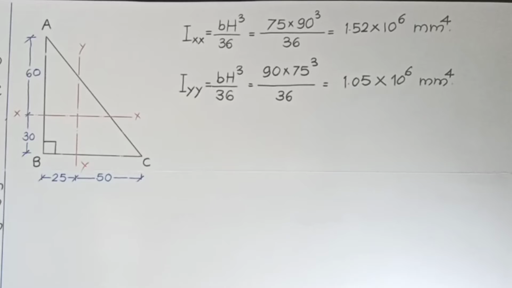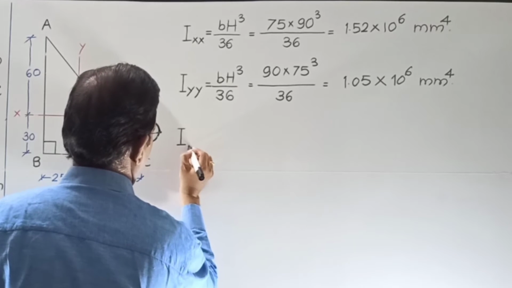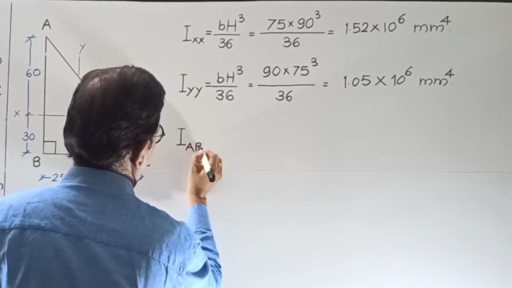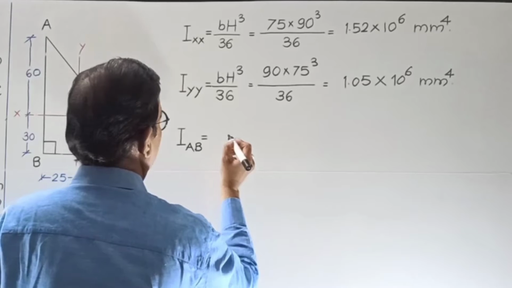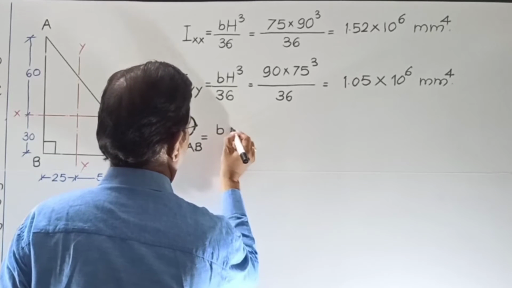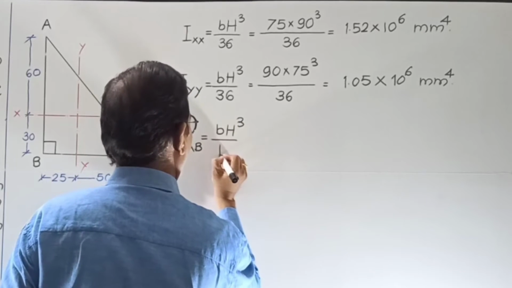Now let us calculate IAB. Now what is IAB? I about the side. We know that moment of inertia of triangle about the base is BH cube by 12, and for IAB base is 90 and H is 75. So IAB, I will write the formula. Do not confuse between B and H. For that purpose I have separately written over here. So it will be B into H cube divided by 12.